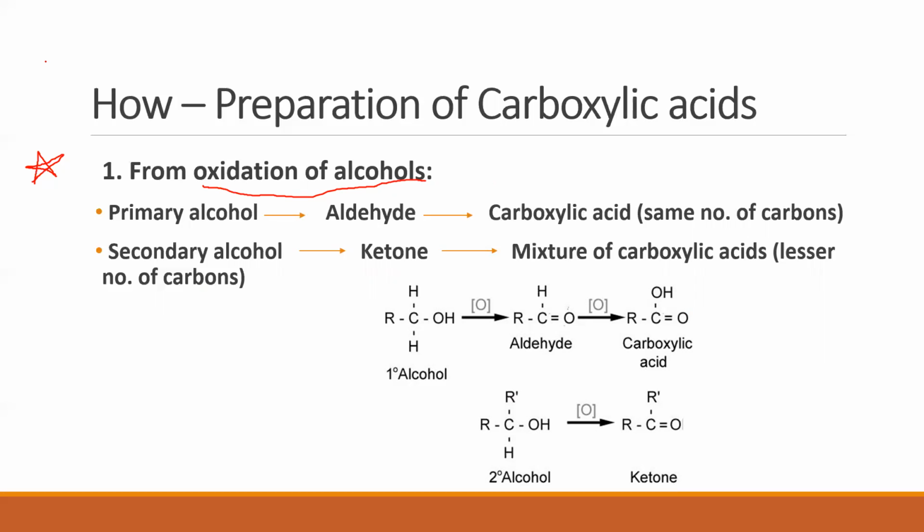A primary alcohol upon oxidation will give you an aldehyde, which on further oxidation will give you a carboxylic acid containing the same number of carbon atoms as the alcohol. Whereas when I take a secondary alcohol, I get a ketone upon oxidation, which on further oxidation will give us a mixture of carboxylic acids, each having lesser number of carbon atoms than the starting alcohol.